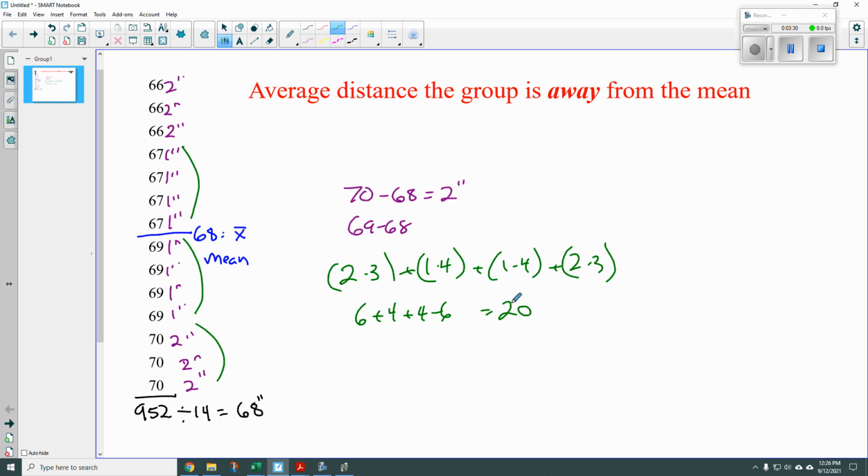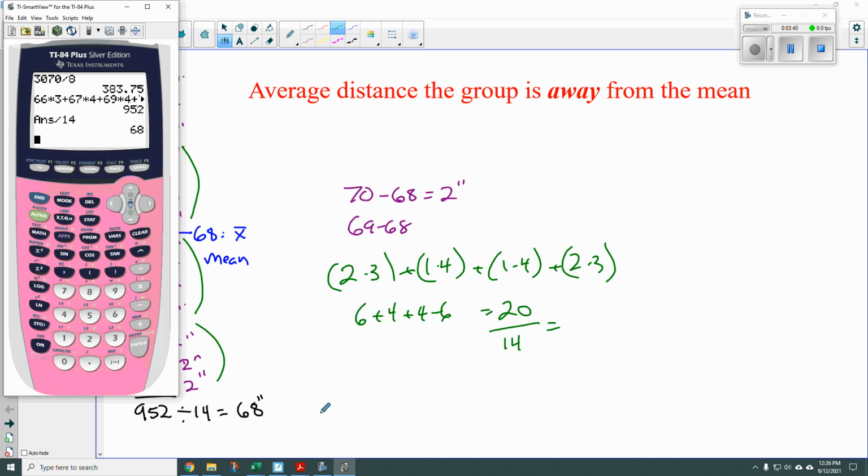So 20 inches away from the mean is the total of all of these, but I have 14 units. So I divide it by 14. 20 divided by 14. So on average, each person is, let's call it, 1.43 inches away from the mean.